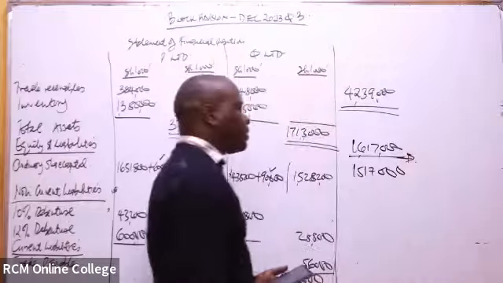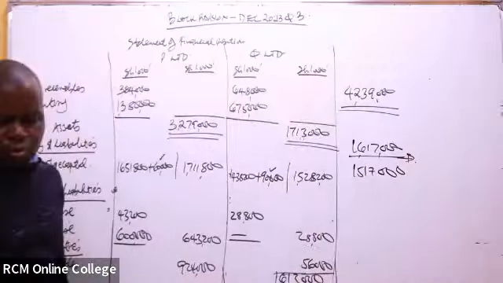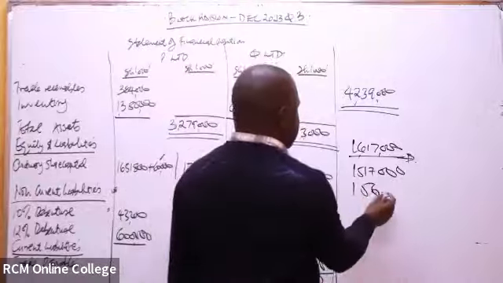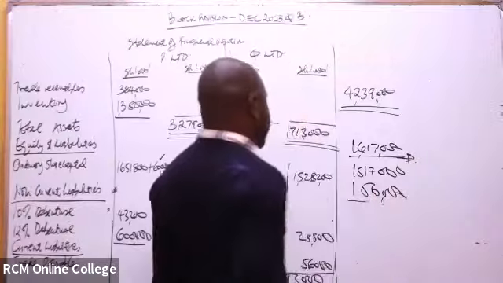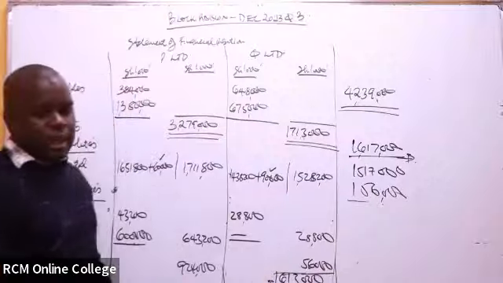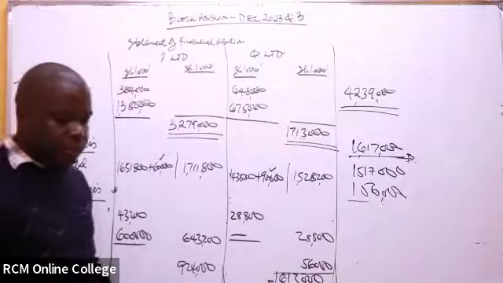So in the question, there was a mistake. The figure for the trade payables is supposed to be 156. So you've seen why it is not balancing. That's why initially I was asking you whether trade payables is 56 or 156.